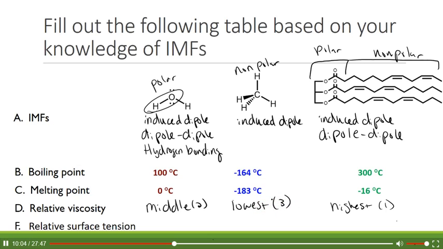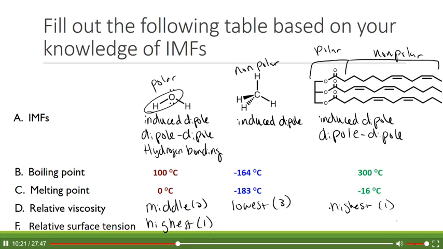Okay, surface tension is almost completely dominated by intermolecular forces. Greater intermolecular forces will result in greater surface tension. So our water has the greatest intermolecular forces, so it's going to have the greatest or highest surface tension.